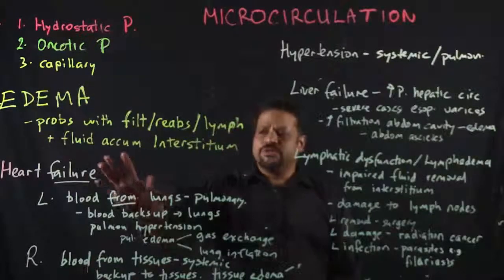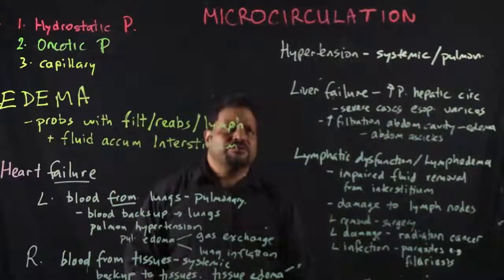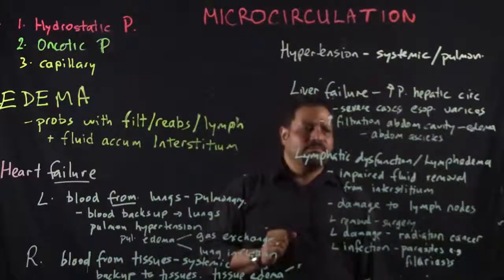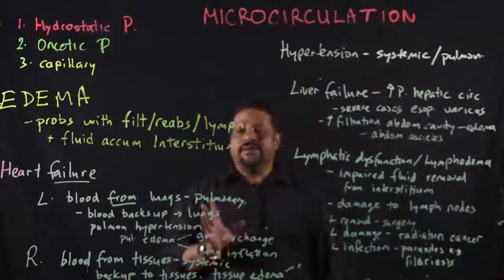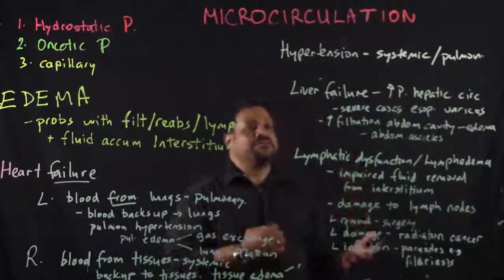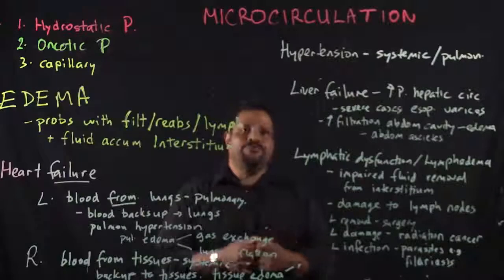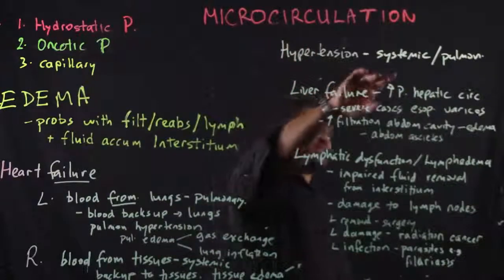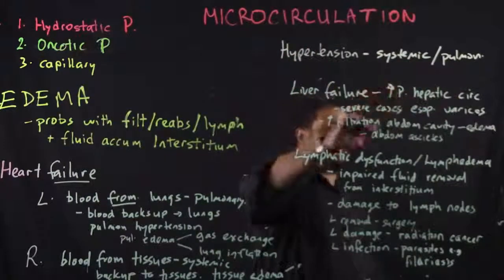Okay, so we talked about heart failure, where you also have edema. Hypertension in the systemic or pulmonary system can also lead to problems with filtration, because you're going to increase the hydrostatic pressure. If we have liver failure, for example, we're going to increase the pressure in the hepatic portal system.